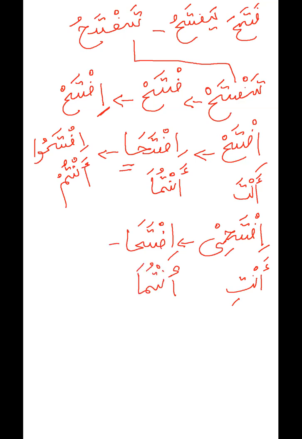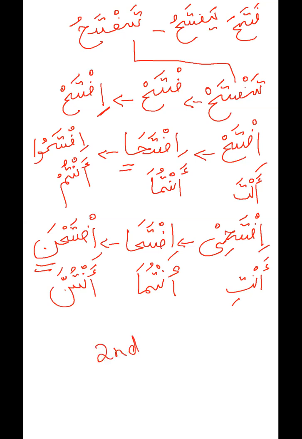And then iftahna? Exactly, iftahna. This will not change because this is the antunna version, and the noon of the feminine plural does not drop under any condition. That's it, you're done. Because with the commanding and the forbidding, you only have six words to do, and that too only the second person, right?